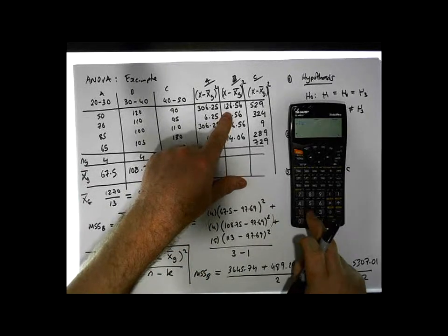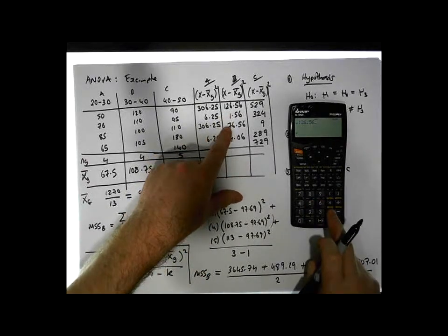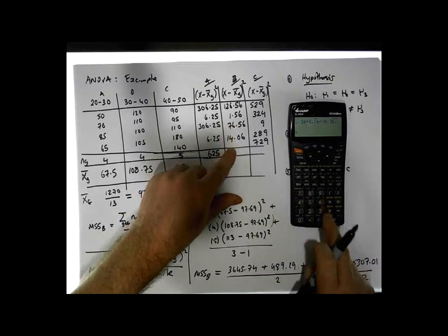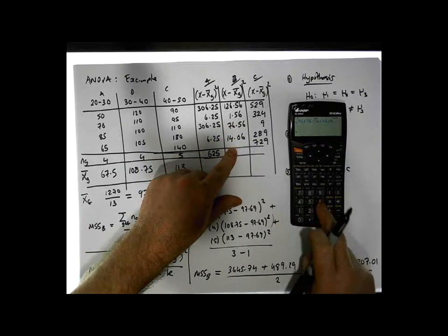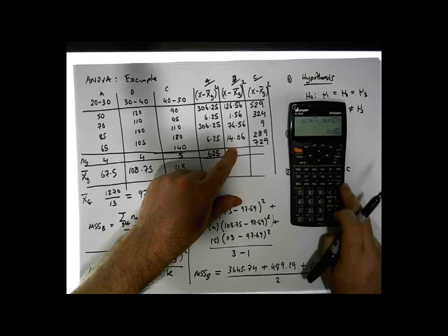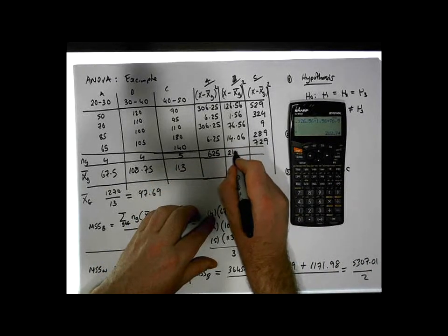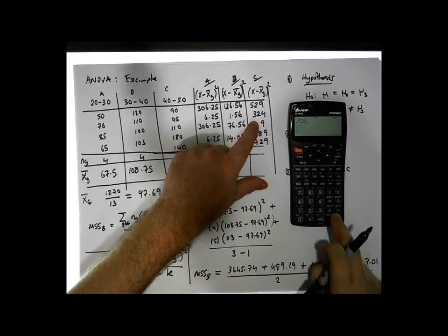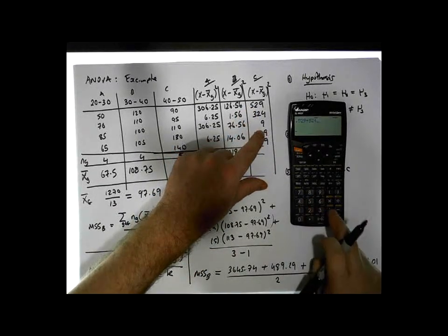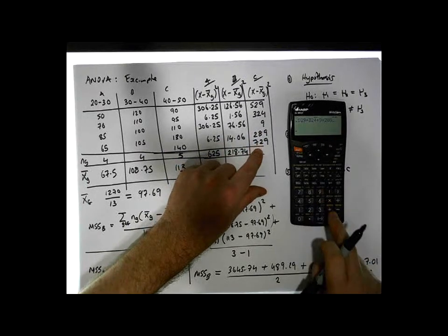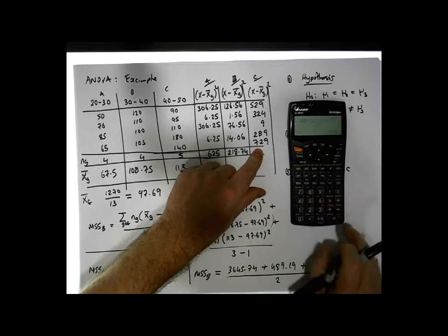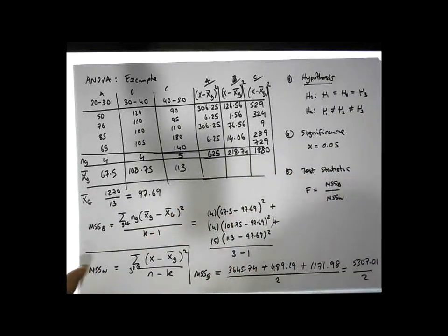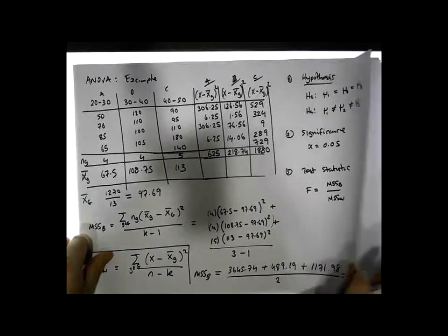For the next group, it is 126.56 plus 1.56 plus 76.56 plus 14.06, which gives us a value of 218.74. And for the final group, we have 529 plus 324 plus 9 plus 289 plus 729, which gives us a value of 1880.